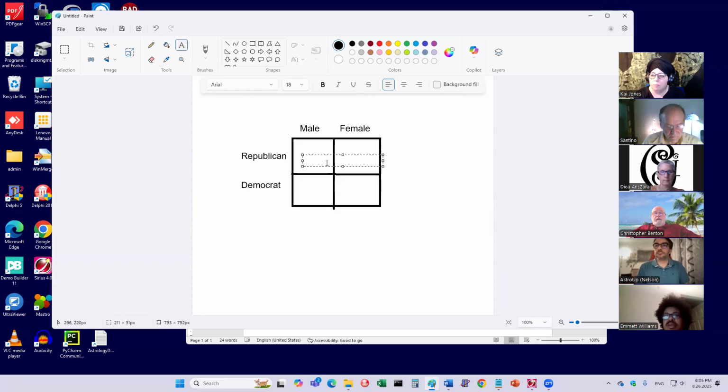And usually our categorical variables, we might call the top one gender, and this other one political party, something like that. So we're going to have some numbers in here, and then we can give a title to the variables.